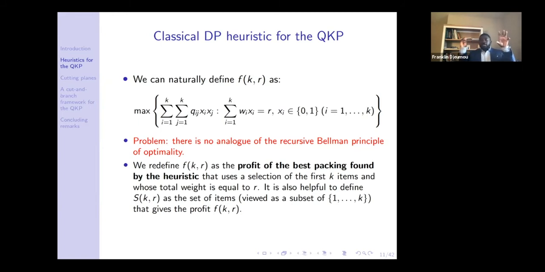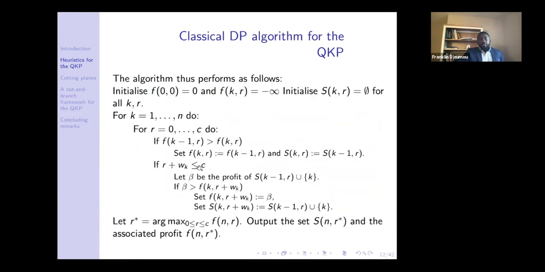So we will call it the best packing found by the heuristic that uses a selection of the first k items and total weight equal to R. Now, if you want to define this as the best packing for the first k items, you need to keep track of the set that is able to give you this packing. So that's why we define the set SKR here. What is the impact of that?